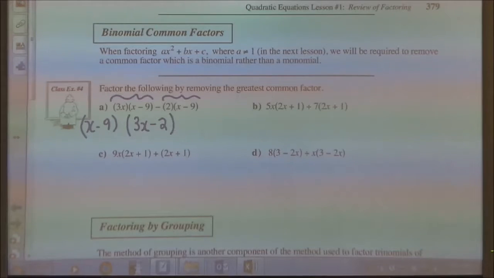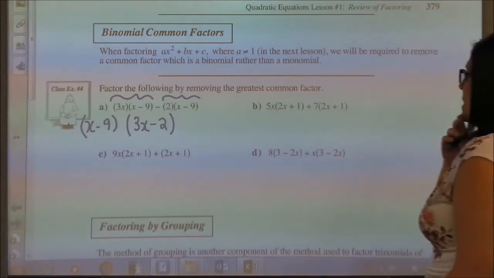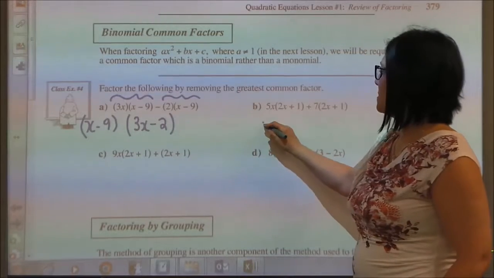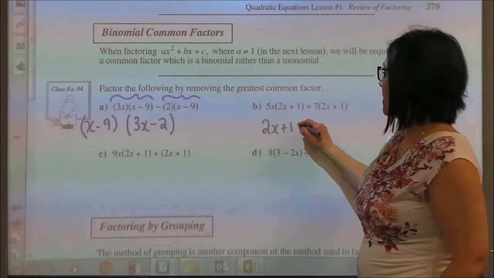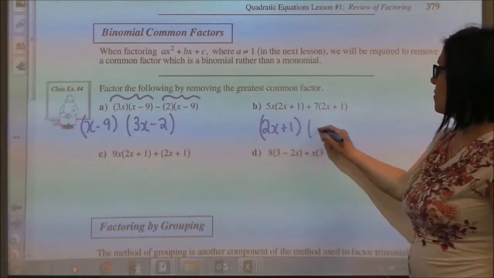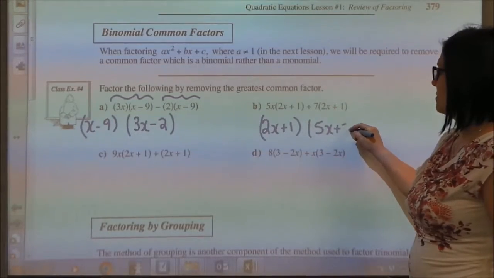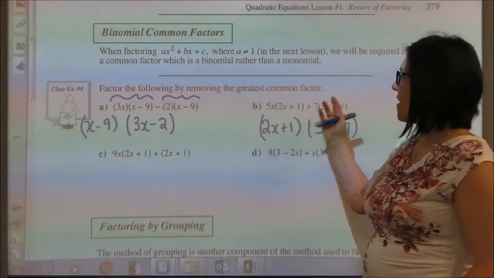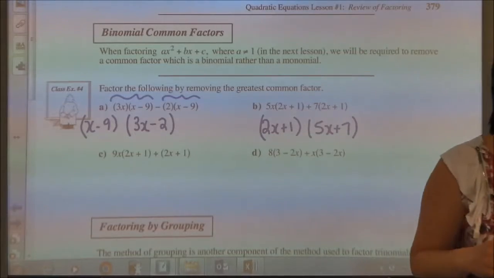So I can repeat the process for the next 3. If you want, you can pause again and try to see if you can do these on your own. So if we look at B, 2x plus 1 is common, so that's what I'm going to factor out. Leaves me with a 5x plus 7. And you notice what I factored out, I put out in front.